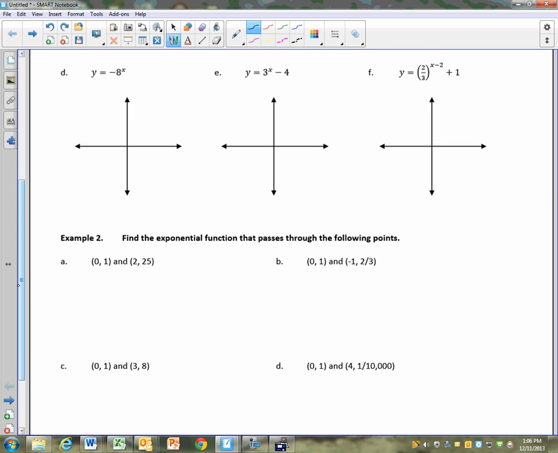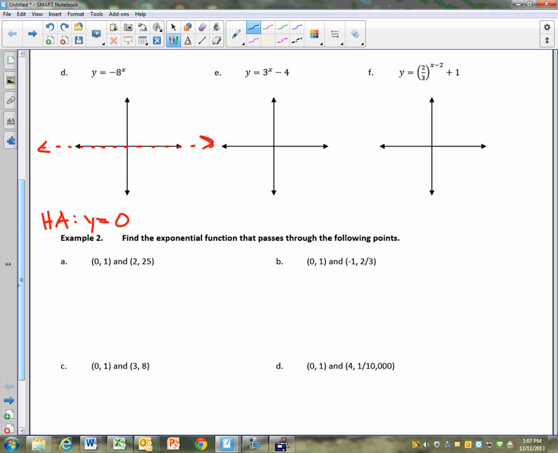y equals negative 8^x. How is this one different? Negative in front. If you've got a negative in front, it flips it over the x-axis. It's a vertical reflection. So instead of going like that, it's going to go like that. Just a reflection over the x-axis. That's all that's going to happen. So we still have our horizontal asymptote of y equals 0. Okay?